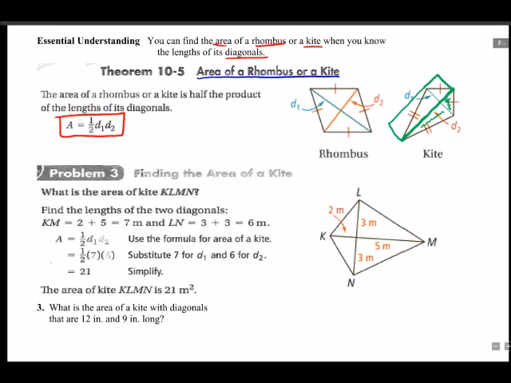that has a base that is the length of this diagonal and a height right here that is half the length of my other diagonal. That's where our half comes in. 1/2 of this diagonal times this diagonal.